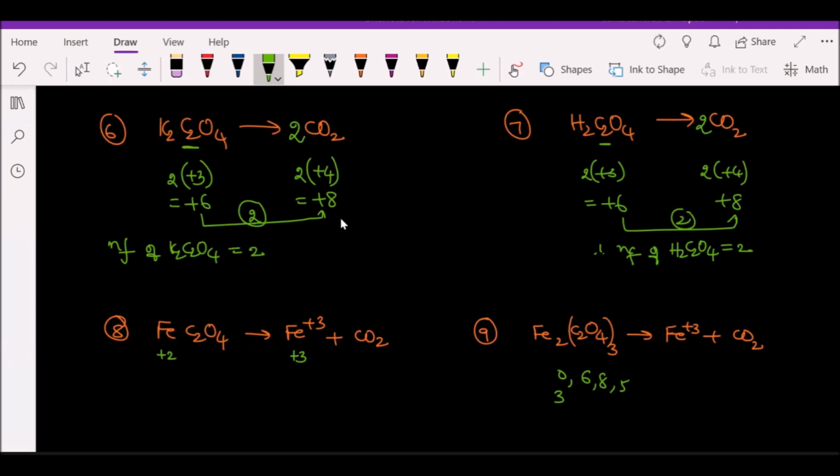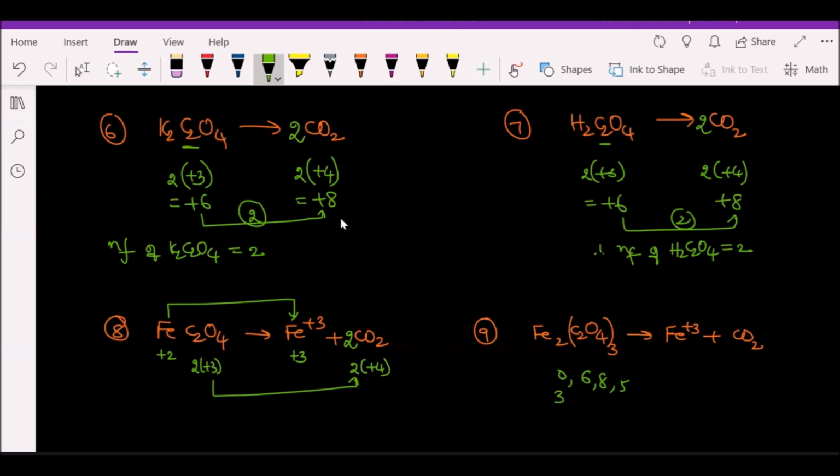And we have 2 carbons, and here we have 2 CO2, compulsory, because each carbon is +3 here. So 2 carbons, 2 times +3, and here it is 2 times +4. Listen up carefully. Don't expect every time a single element undergoing oxidation or a single element undergoing reduction from the same reactant.